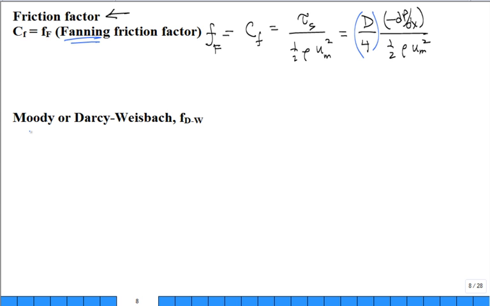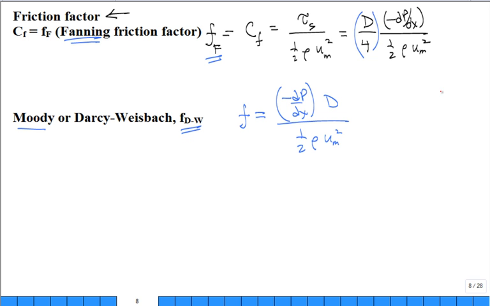Well, we're going to show the Moody diagram on the next slide. And the Moody diagram has the Darcy-Weisbach friction factor. A lot of times there's no subscript on it, but when there's potential confusion, I add subscripts. And so the Moody diagram friction factor is defined as minus dp dx, this is straight out of fluids, times the diameter d divided by 1/2 rho u mean squared.